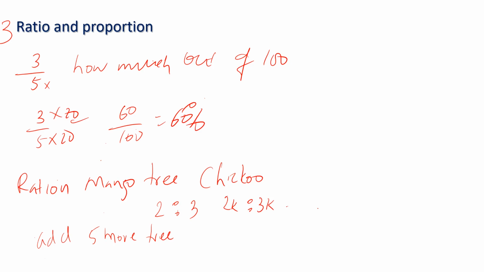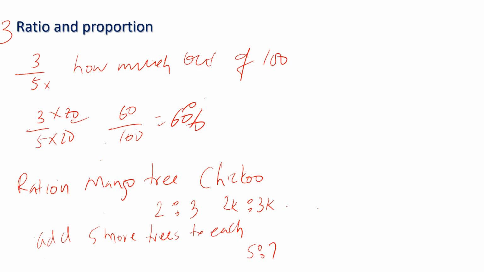But if you add 5 more trees to each, then the ratio becomes 5:7. Ratio बदल जाएगा. So how to solve this kind of problem? The question would be, find the number of mangoes and chiku in the orchard.